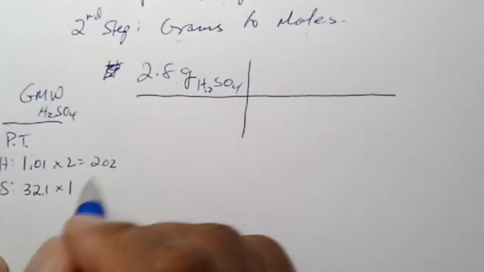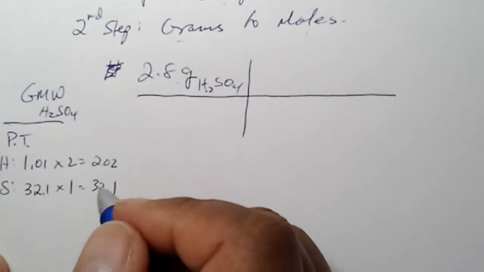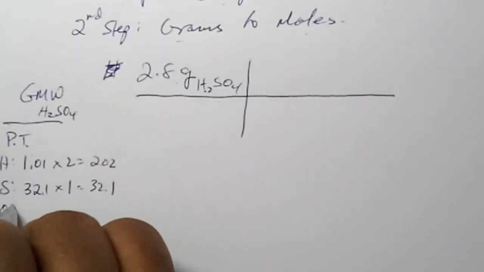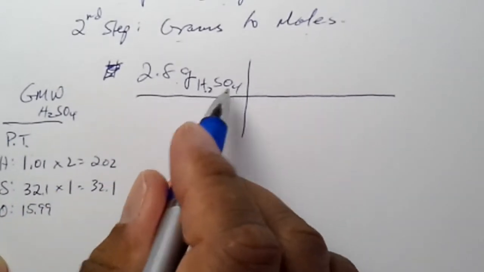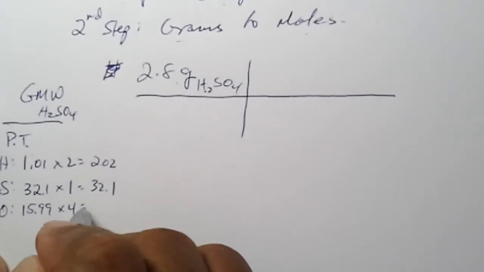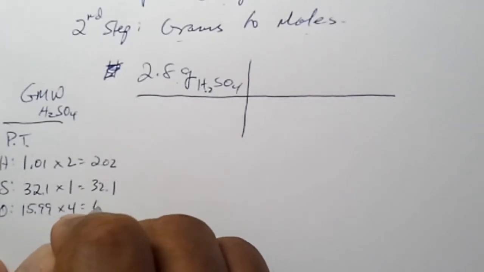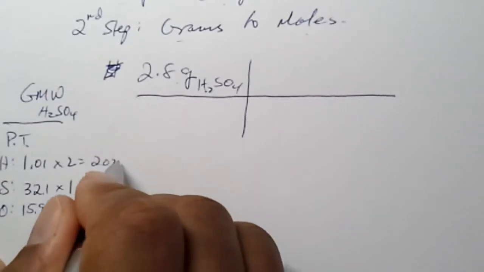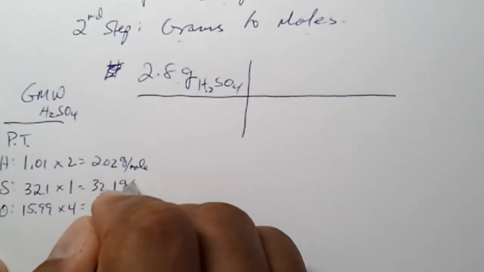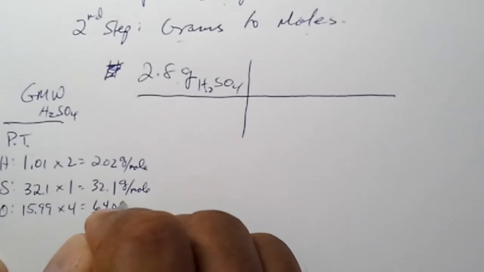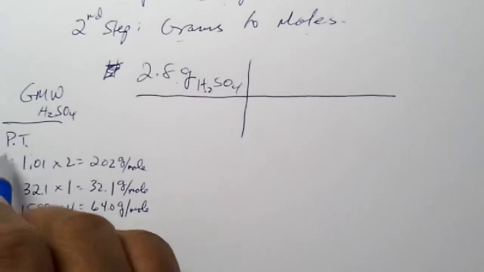How many sulfurs do I have? 1. So 32.1. And the oxygen has an atomic mass unit of 15.99. How many do we have? We have 4. If we multiply that, that's approximately 64 grams per mole. And these are the units for the atomic mass units of our elements.